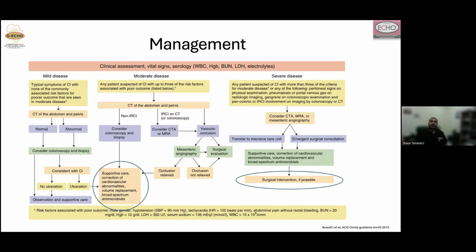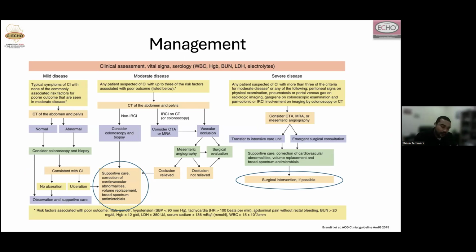Again, the AGA proposed a management algorithm for these patients. It's quite busy, but the important part is that disease can either be mild, moderate, or severe. You, as the clinician assessing these patients, need to decide where this patient fits. If it's mild or moderate, that patient requires supportive therapy, where you correct the cardiovascular abnormalities and replace the volume. Broad-spectrum antibiotics are tried.